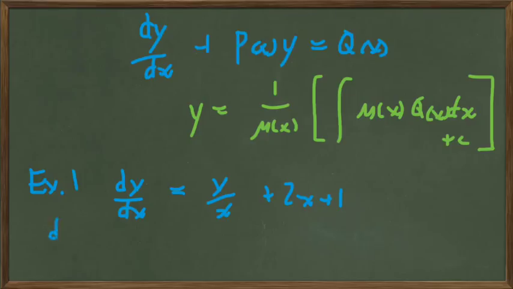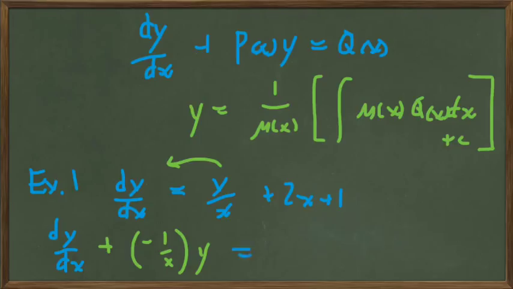Well, yes, if we rewrite it like this, dy dx, we take this part right here, the y over x, and write it as plus minus 1 over x times y, and then leave the 2x plus 1 over here, and then we can see that we've identified the parts, right?